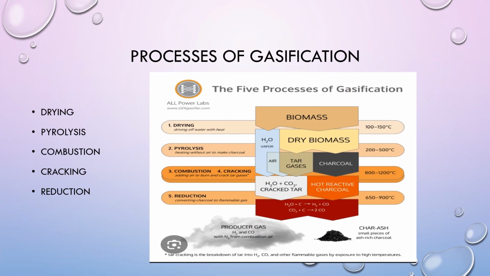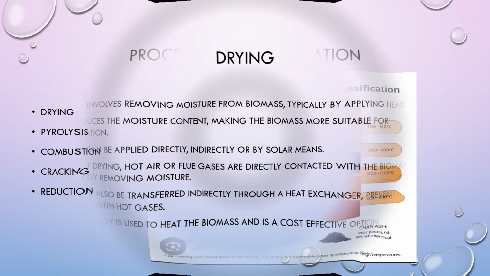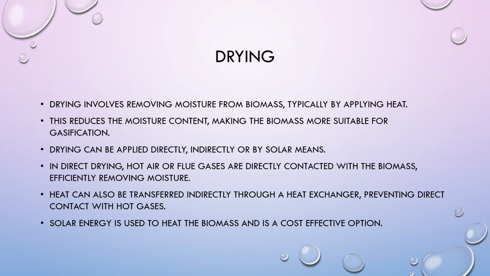The processes involved in gasification include drying, pyrolysis, combustion, cracking, and reduction. So in drying, we are removing moisture from the biomass, basically by heat. It can be done directly, indirectly, or by solar means.